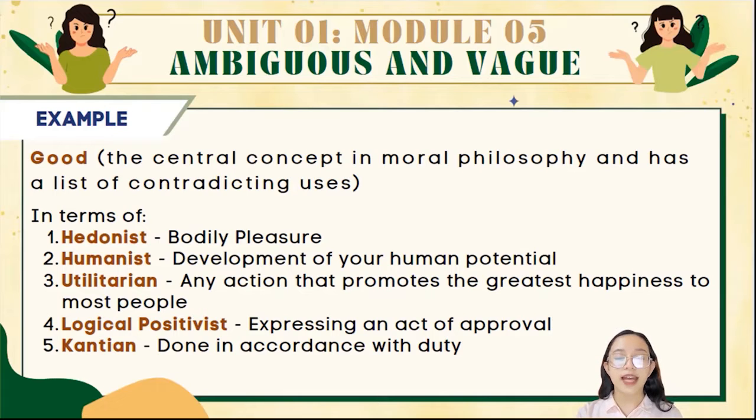And lastly, for Kantians, doing something in accordance with duty is good. So, what can we pick up from this example? With the various meanings of the term good attached to various philosophical ideologies, it may create confusion when using it for conversations or written text.